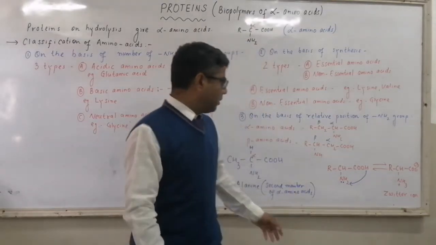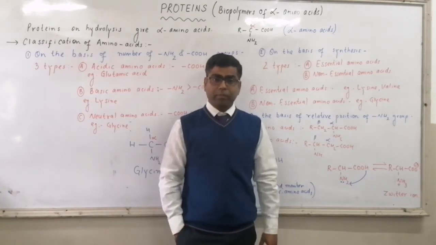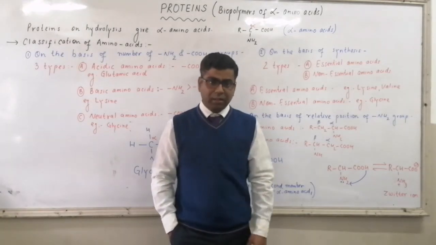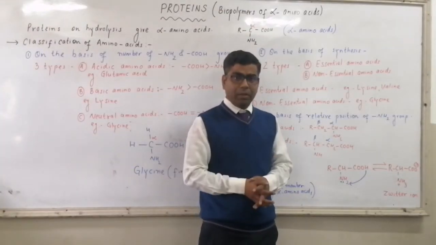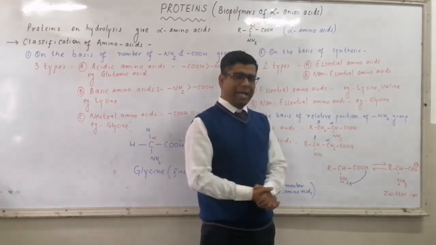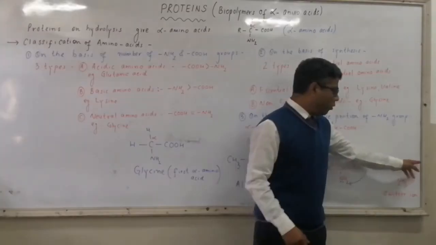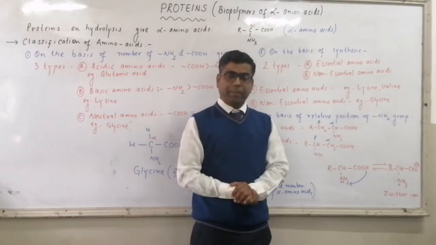What happens? Here we have the NH2 group, which is a basic group having a lone pair of electrons, and can accept an H plus ion. So the H from the carboxylic acid, that is the acidic H, migrates to the NH2 group, giving you COO minus and NH3 plus. Minus and plus charges are developed.